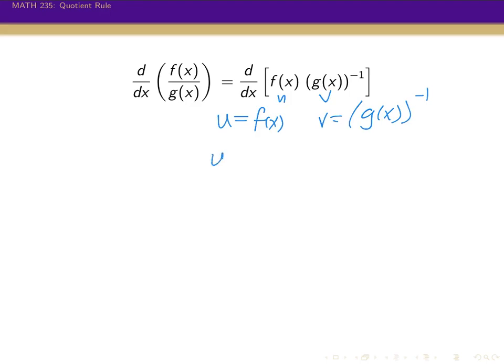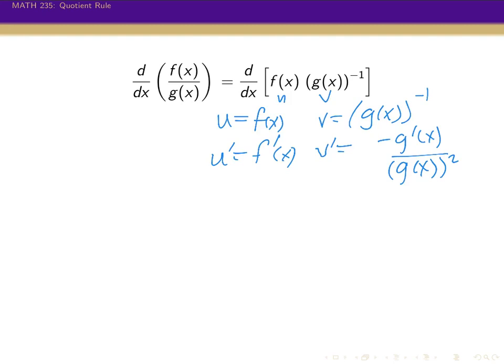So the derivative of u is just f prime. And then the derivative of v, which we just figured out on the last slide, is going to be minus g prime of x over g of x squared.